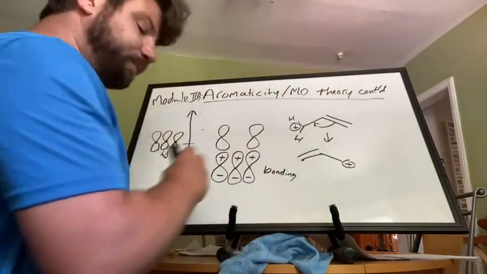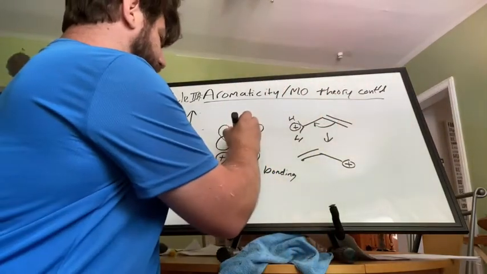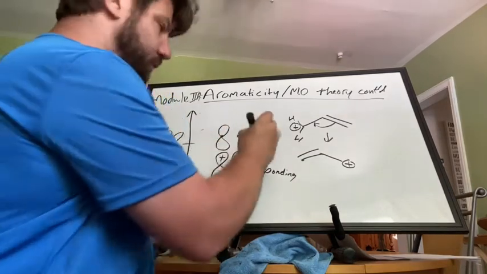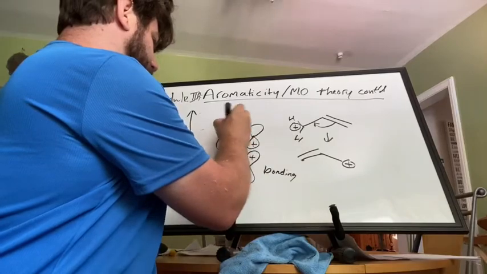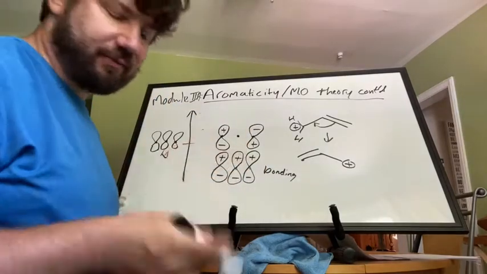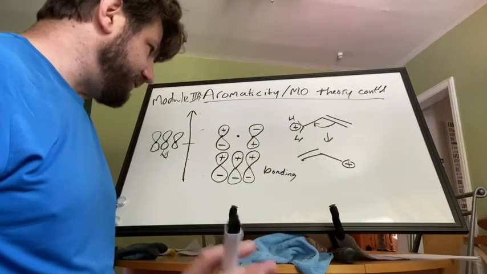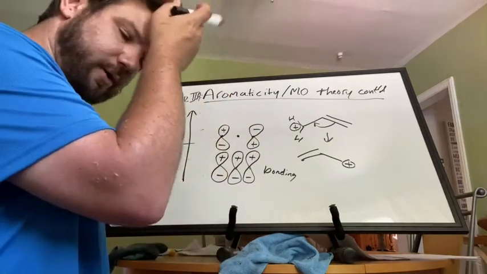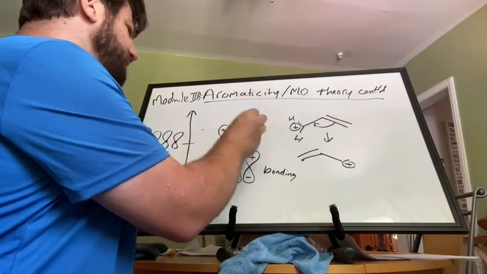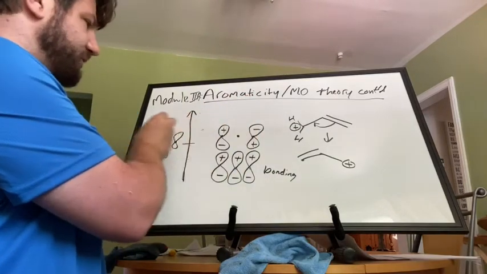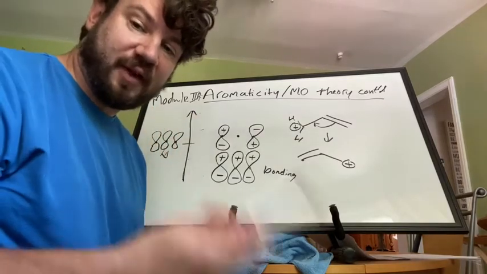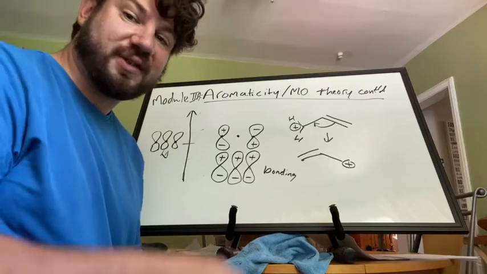You're going to have those 3 nuclei again, and the book uses shading. I use plus and minus because I'm relegated to just using black and white. So if this is non-bonding, essentially this is going to be the same energy level as just the p orbitals by themselves about that particular nucleus, non-bonded.